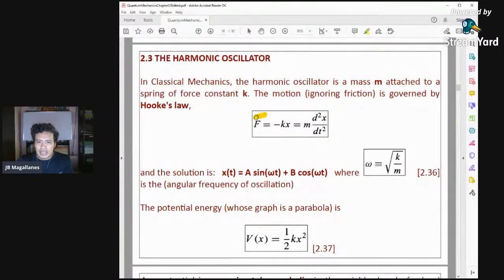And the force that's acting on the mass is equal to this. In classical mechanics, this is equal to kx, where k is called the force constant of the spring. I think you remember this from your previous courses. But F is also equal to mass times acceleration, the second-order derivative of position with respect to time.